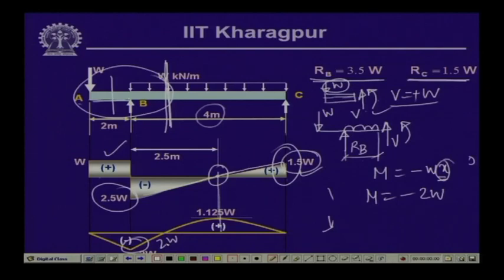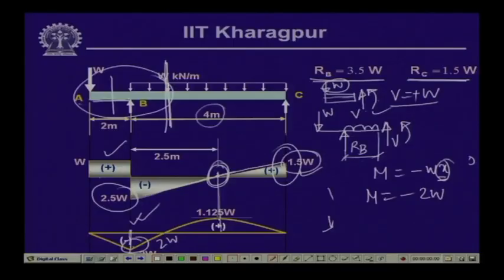Now, at this particular point again we have seen that the shear force is 0. Here we are getting the change in the shear from positive to negative sign. So, here we expect a higher value of the bending moment, as we have seen that the maximum bending moment occurs either where the shear force is 0 or at the point where the shear force changes its sign from negative to positive, or vice versa.